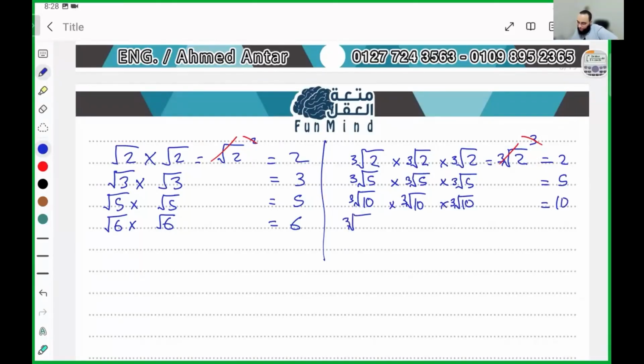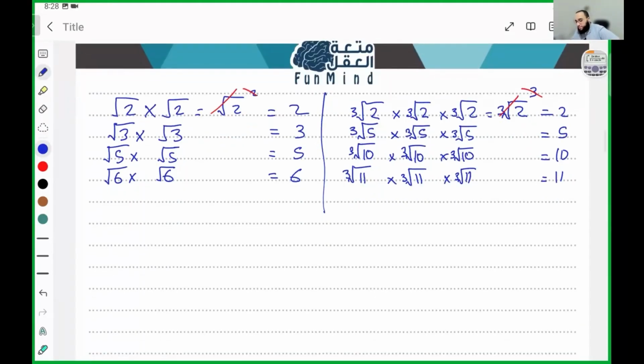If it is cubic root 11 times cubic root 11 times cubic root 11, it's going to be what? 11. But if it is something like cubic root 10 times cubic root 10, could you tell me, Mister, it's 10? No, it's not 10. It's cubic root 10 power of 2. So right now, we cannot delete the second power with the third root.